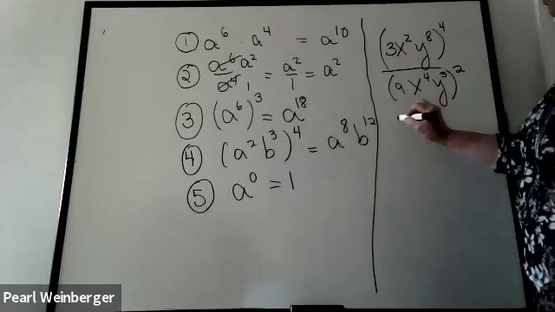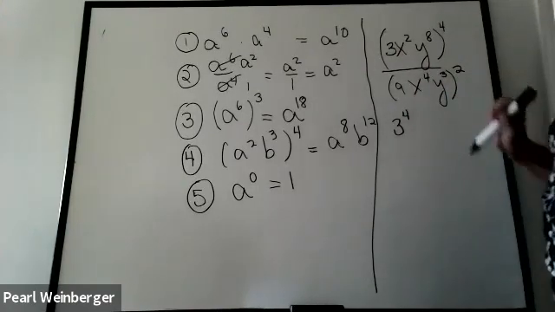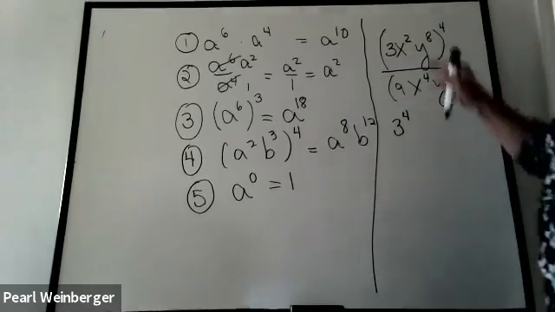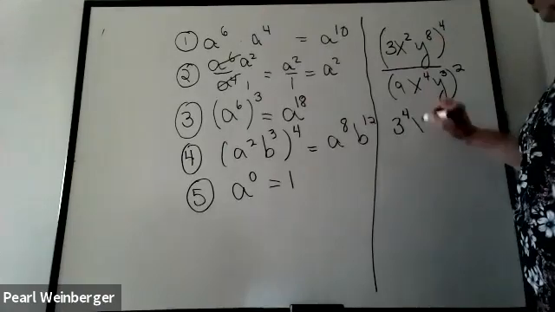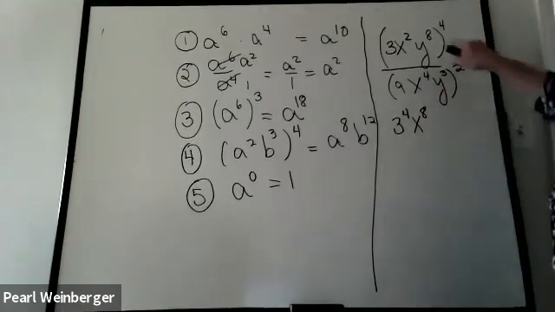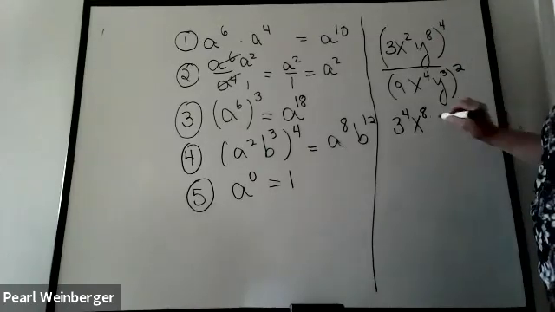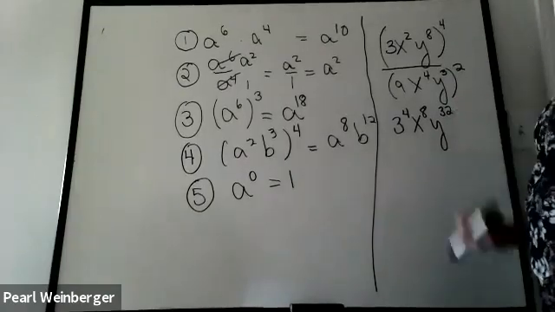So this will give me 3 to the fourth. Don't forget, it means even the numbers, not just the letters, but the numbers as well. X squared to the fourth, well, that means multiply the two exponents. That gives me x to the 8th. Y to the 8th to the fourth gives me y to the 32nd. That takes care of the numerator.